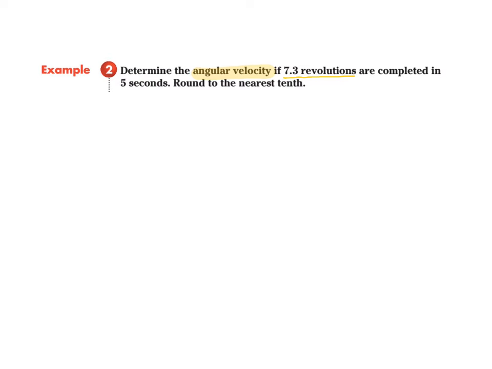So to do the displacement, we do 7.3 times 2 pi, which is like 14.6 pi, which is 45.86725. And that's radians.